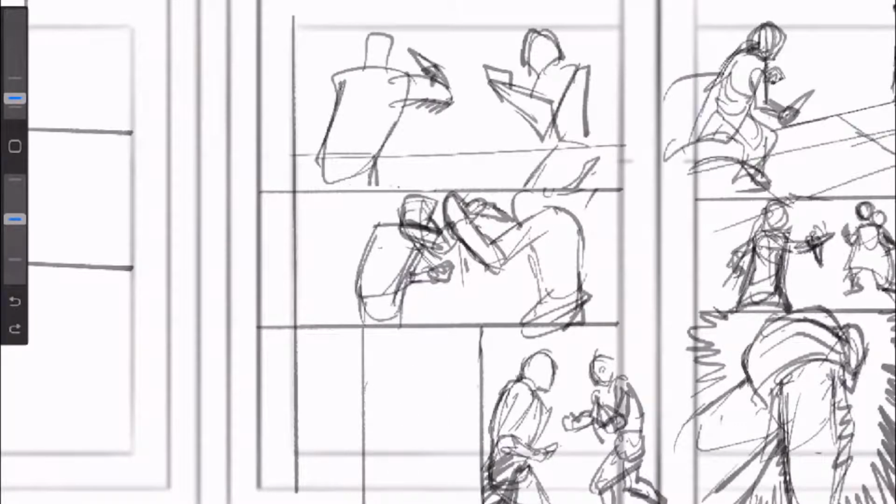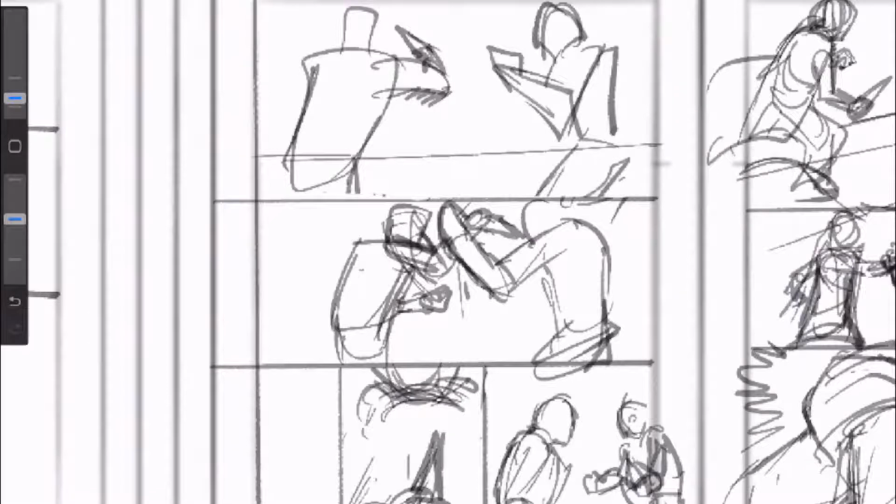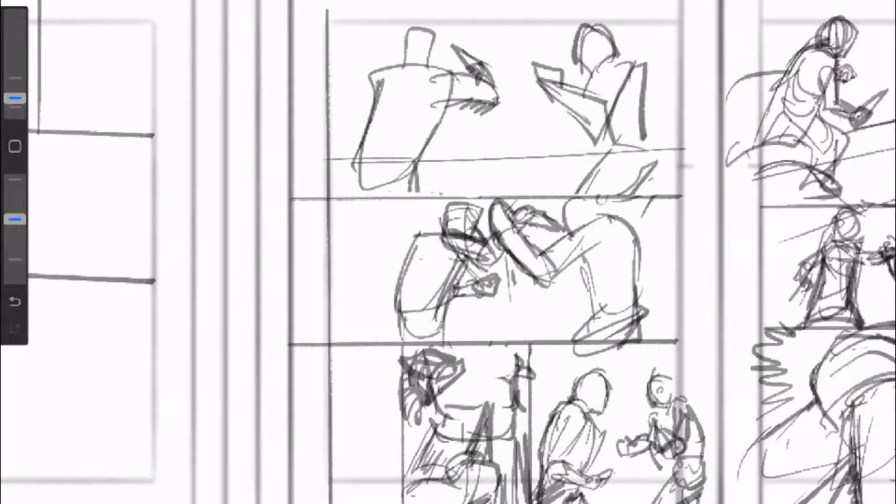Trying to find a good angle for this. This is a good one. Got the torso here.